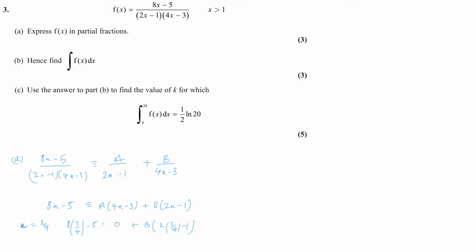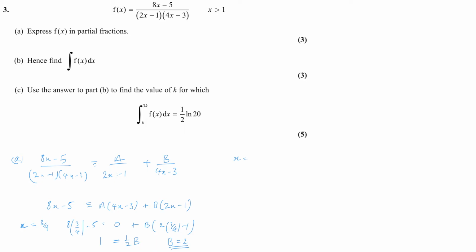You could just substitute 0 in, and then you could substitute 1 in, two simultaneous equations, and solve for A and B that way. Okay. So this is equal to a half B on that side, 2 times B over 2, that's 1. So B equals 2.